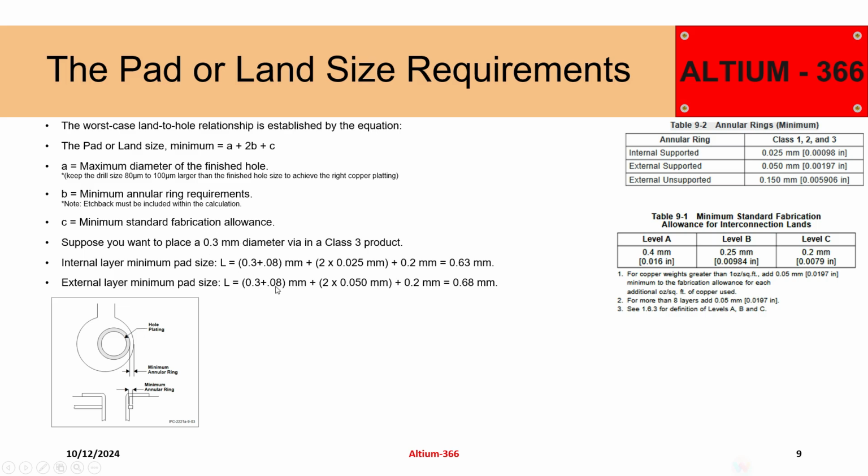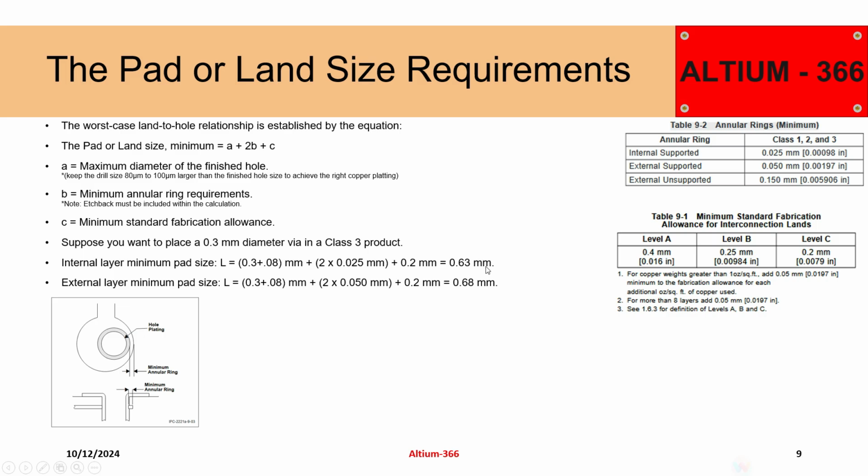So 0.3 plus, inside I also have to do the plating. Then this is the external annular ring requirement, 2 times 50 micrometer, plus the manufacturing tolerances. So it will come to around 0.68. And when I put the values in this equation for the internal layer, then the pad size for the 0.3 millimeter diameter is 0.63 millimeter.